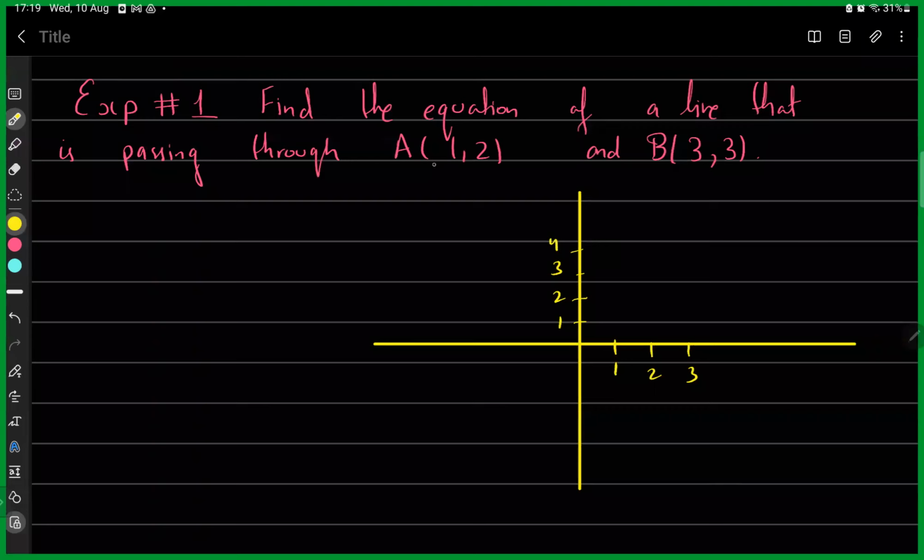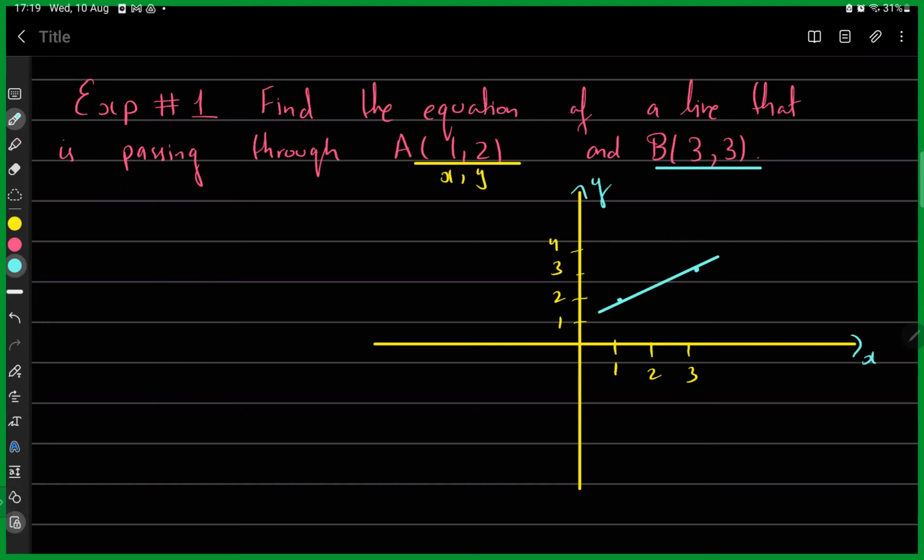The first point is (1, 2). This means this is the x coordinate, this is the y coordinate. So x is 1, y is 2. This is the y-axis, this is the x-axis, and then it is (3, 3). So both the coordinates are 3 and 3, so it would be somewhere here, and I need to connect these 2 points, and this is basically my line.